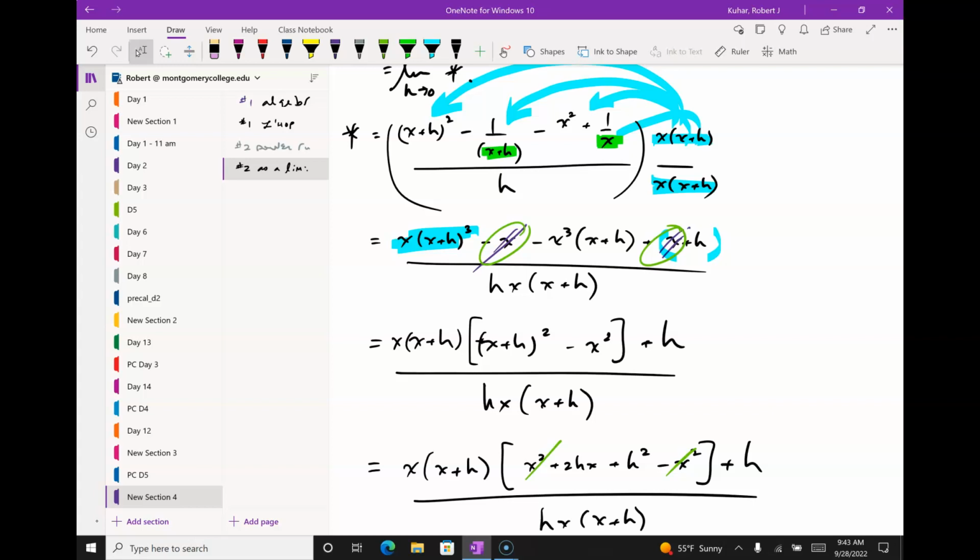But I'm going to factor out an x and an x plus h from these terms. Take a look, there's an x and an x plus h there, and there. Do you see it? So I factored out that x and x plus h. I have an x plus h quantity squared left, and I have an x squared left. Of course, I still have this leftover h.